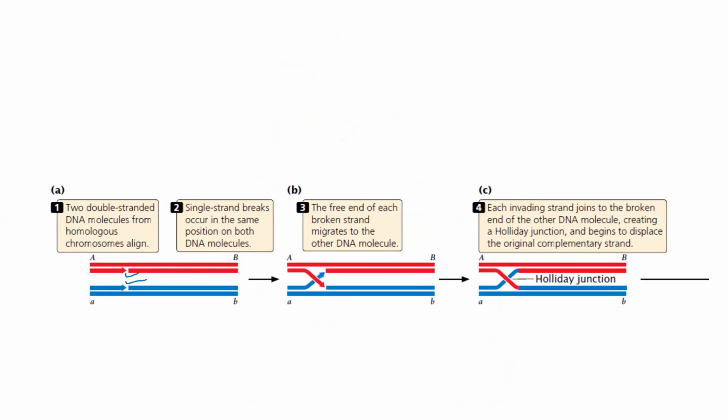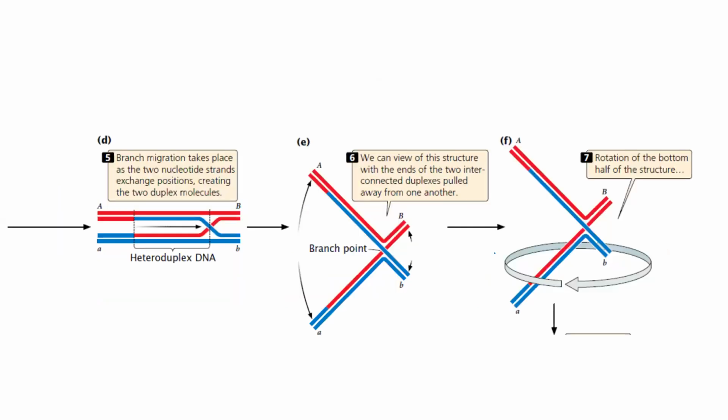Then the free end of each broken strand invades the other DNA molecule. Each invading strand joins the broken end of the other molecule, creating a Holliday junction, which is this X-shaped structure, and begins to displace the original or complementary strand. Branch migration takes place as the 2 nucleotide strands exchange positions because of continuous melting and joining of the strands. And we can view this structure with the ends of the 2 interconnected duplexes pulled away from one another, a square planar structure, with rotation of the bottom half of the structure.